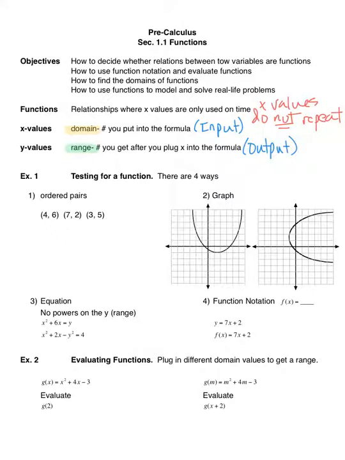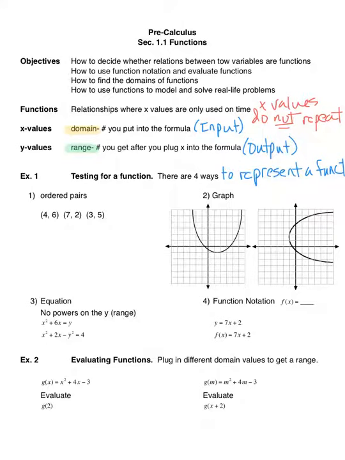So we're going to look at testing a function. This says there are 4 ways, but that means there are 4 ways to represent a function. I'm just going to abbreviate function right there. You can either have a function as a list of ordered pairs, as a graph, as an equation, or in function notation.